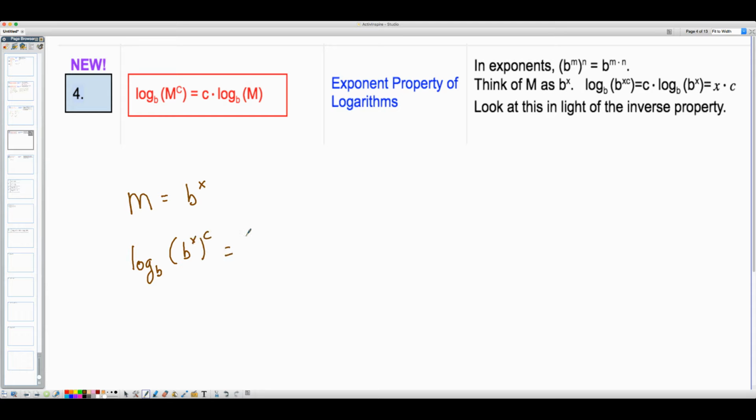That's the same as log of base b of b to the x times c, and that's the same thing as x times c, because the log of b to the b power, I'm bringing this to the front, is equal to 1. So there I have x times c.